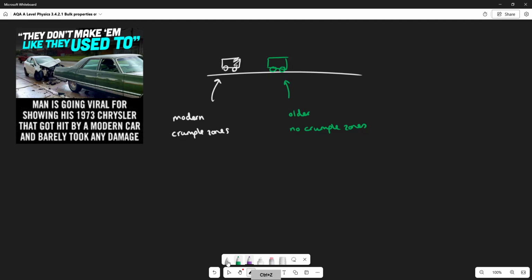Older materials were designed to have a very short plastic phase. Meaning that the materials would snap very easily and pass on any remaining energy in the collision, whereas modern vehicles have a very large plastic phase.